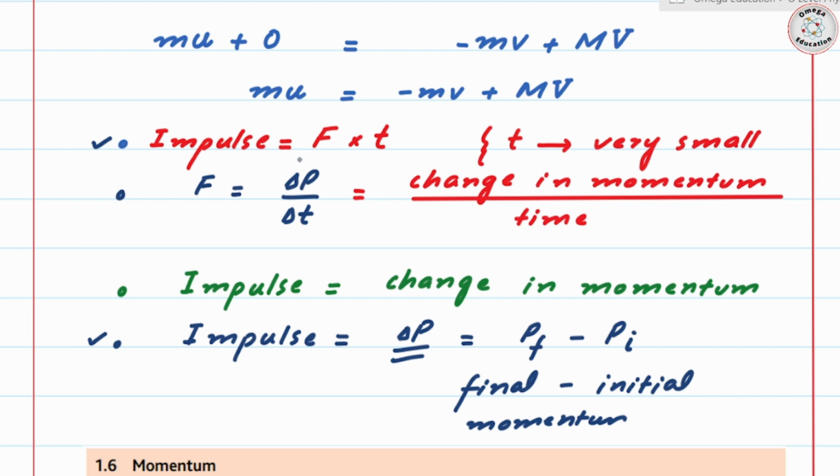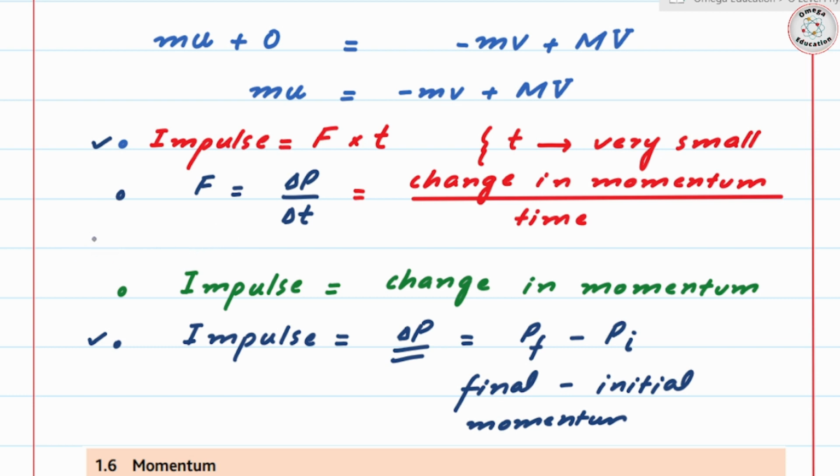So delta P represents the change in momentum divided by delta T, which represents the time during which the momentum changed. So force can also be written as delta P over delta T. This is another formula of force. You can keep it in mind. Just like you have F equals ma, you can also keep in mind F equals delta P over delta T.